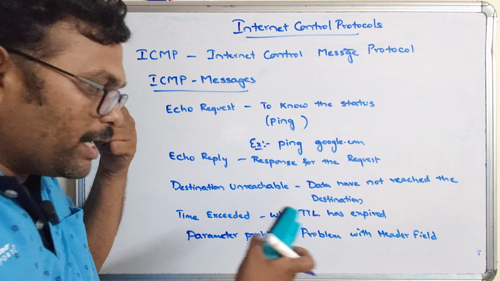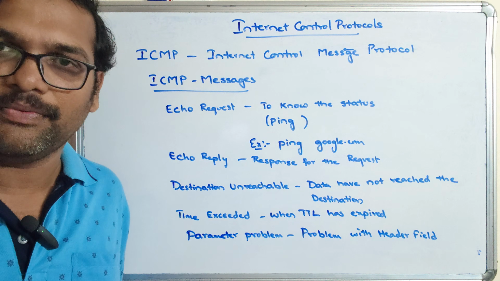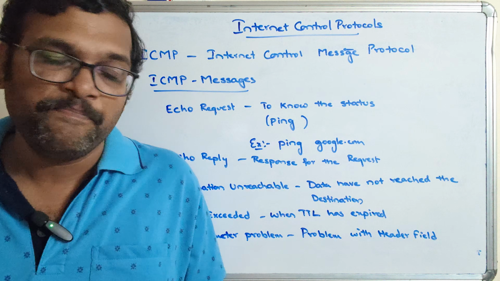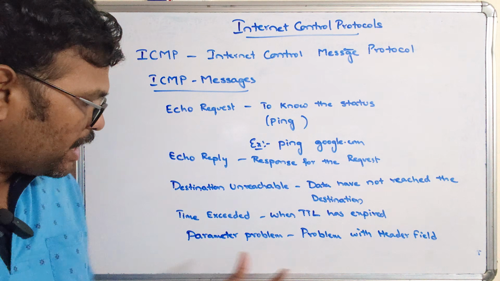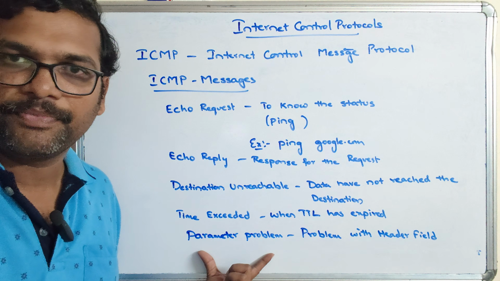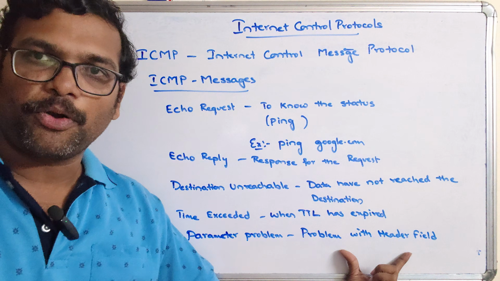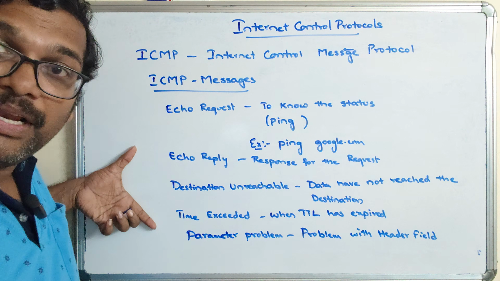Here we give the IP addresses, MAC addresses, etc., in the header field itself. If the header field is not properly given, this kind of ICMP message will be sent. So these are a few messages.